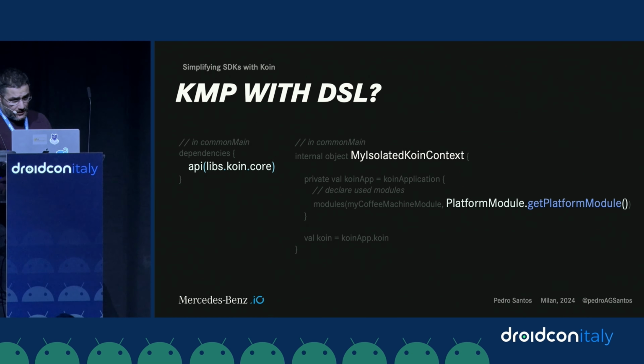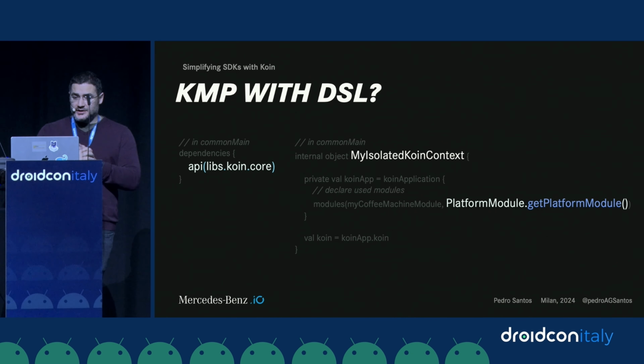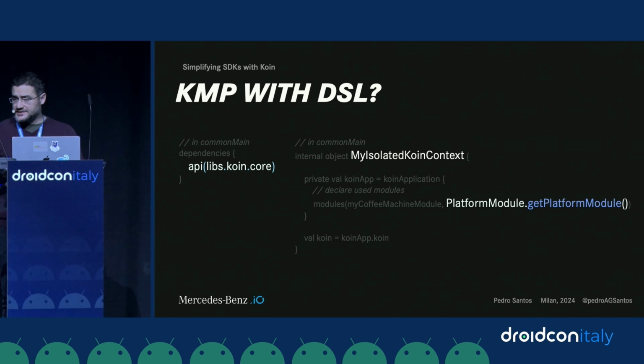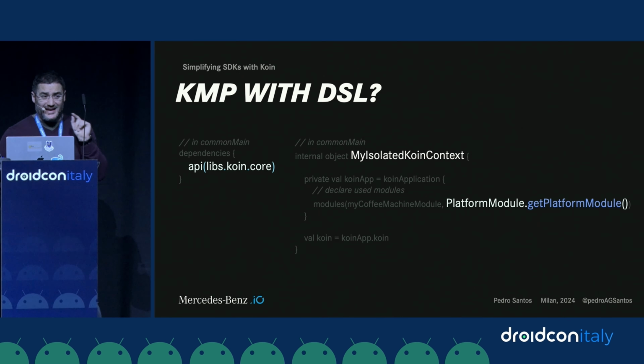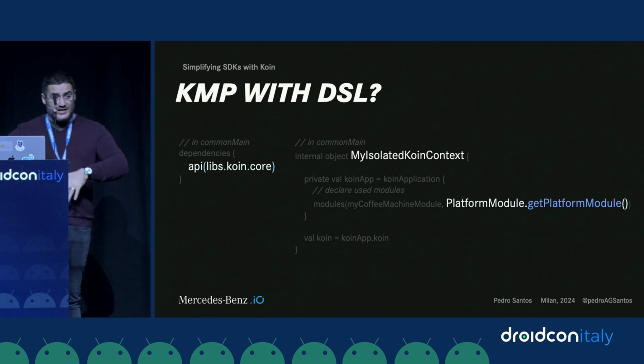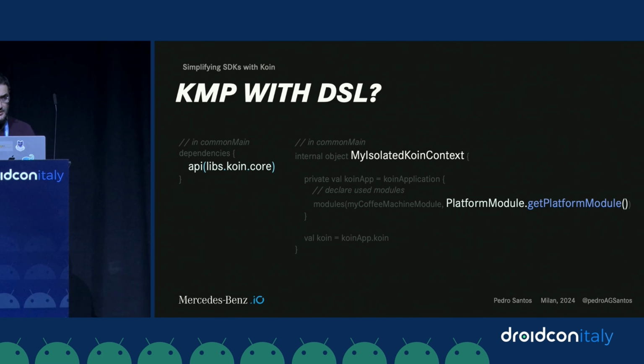So, KMP with DSL, you can use it. Again, you bring your core, very easy. You do your Koin context, but you will do it in your Koin main. When you want to load modules that are platform specific, then you need to build an extra layer. It's not that complicated, but I will show you.